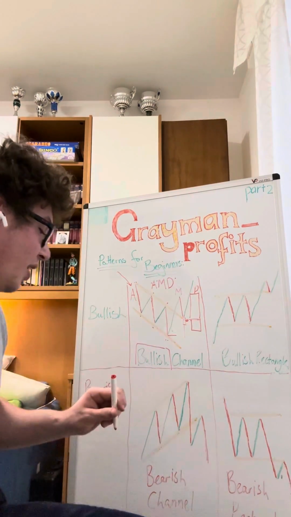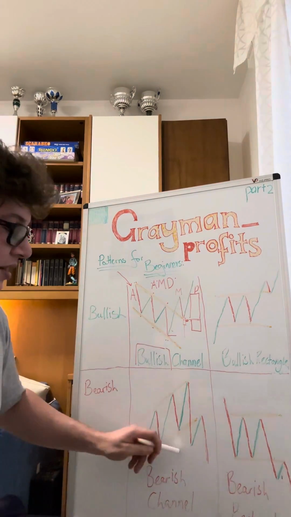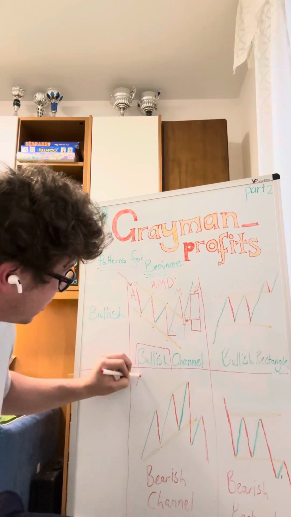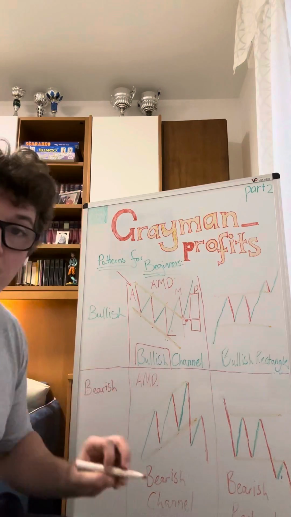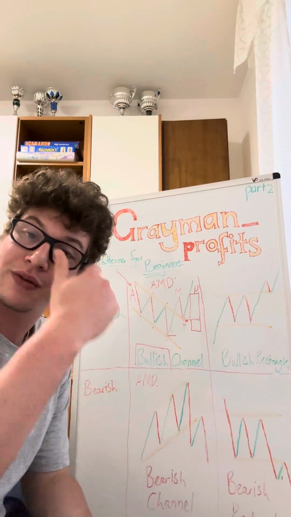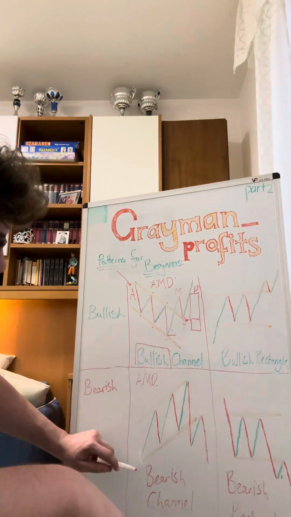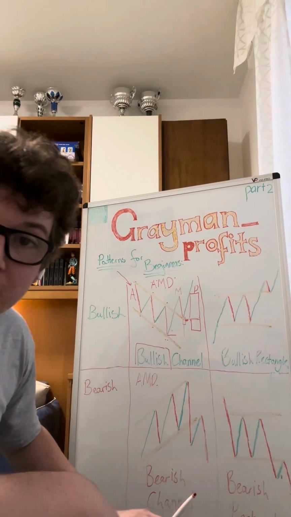Okay, the next one is exactly the same as here, except in the opposite direction. And once again, it is the perfect example of AMD. Get that into your head and you will never be confused again in trading. So it is following a bullish trend at the start.